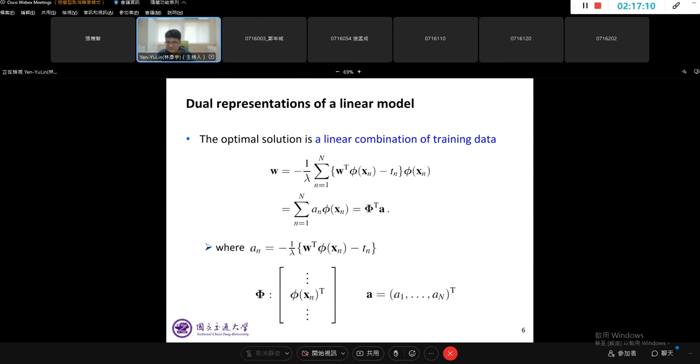It is fixed before training, so it is fixed during training. So the learnable parameter becomes A. W is parametrized by the vector A.